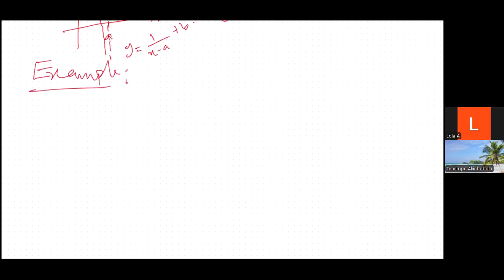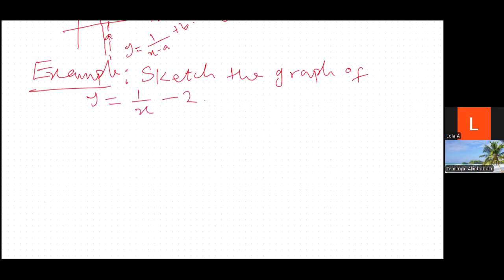The question says, sketch the graph of y equals 1 over x minus 2. So, solution: y equals 1 over x minus 2.